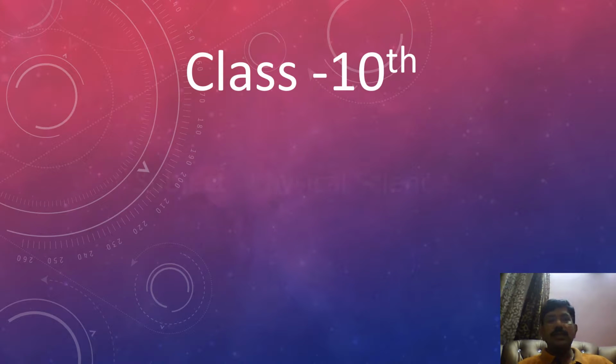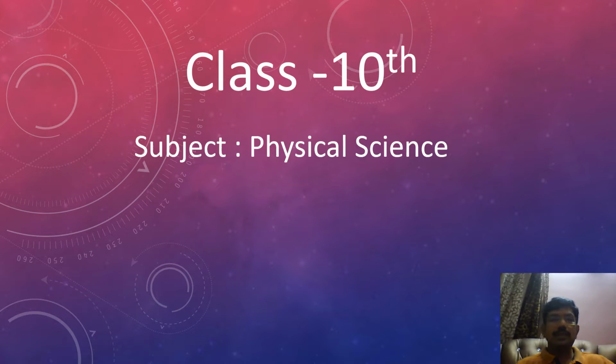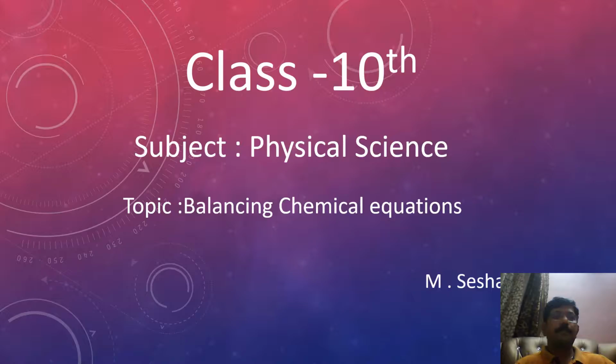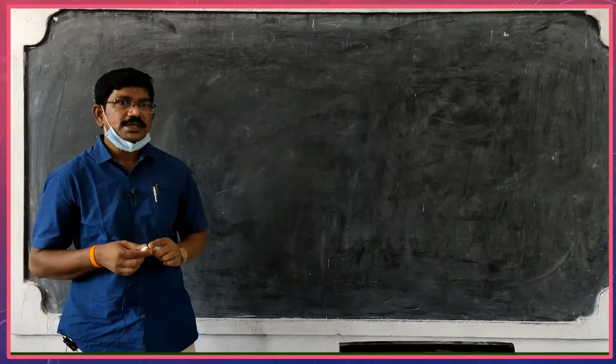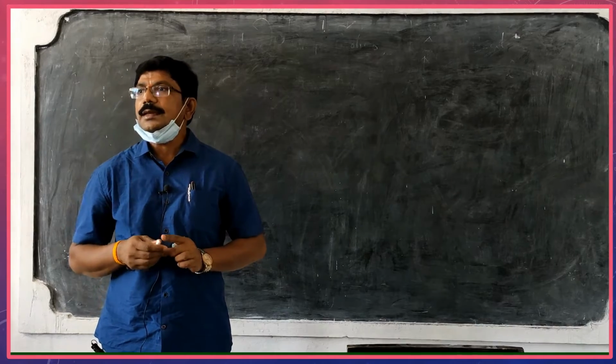In this session, we will discuss what is a balanced chemical equation and how to balance chemical equations. In my previous class, I told you the characteristics of a chemical reaction.